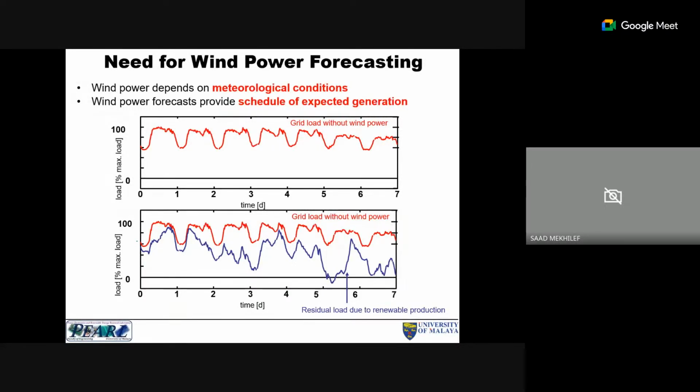So one of the ways to address this issue is wind power forecasting. That will give us an indication of how much wind, or how much wind power, we expect.